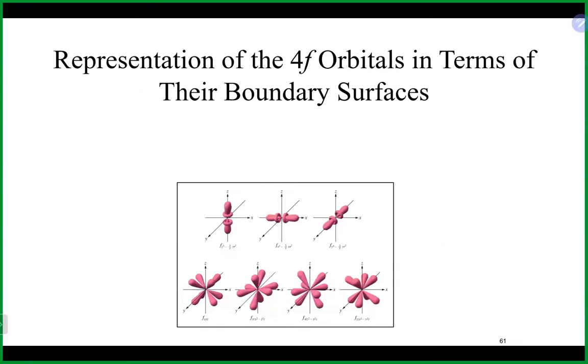Now, the last set of orbitals are f orbitals, and f orbitals do not begin until you get to the 4th energy level. So that is where they begin. And there are actually 7 different types of f orbitals, which means obviously each of these can hold 2 electrons.